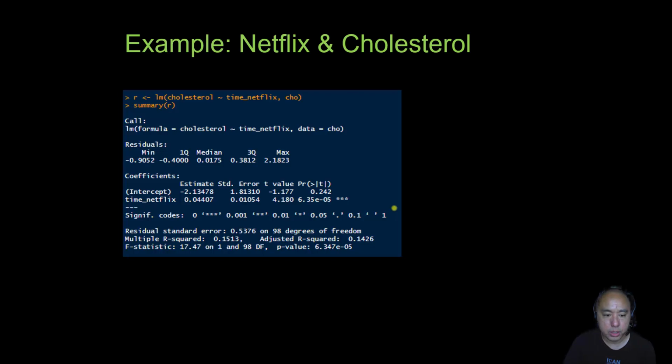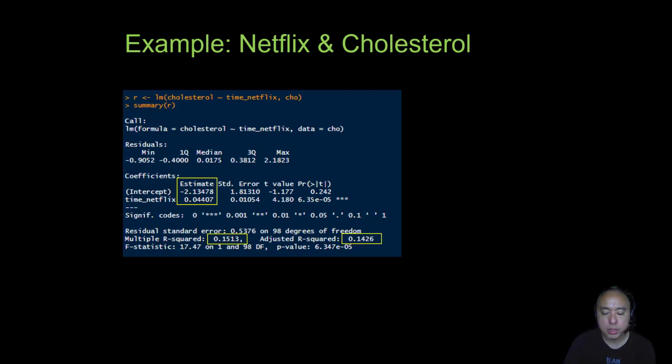What we're interested in, the main one here, is the coefficients. Those are the coefficients for the linear regression equation. This is the R squared. Remember, that's the coefficient of determination. That is the percentage of the variance that is shared by, in this case, cholesterol and time on Netflix.